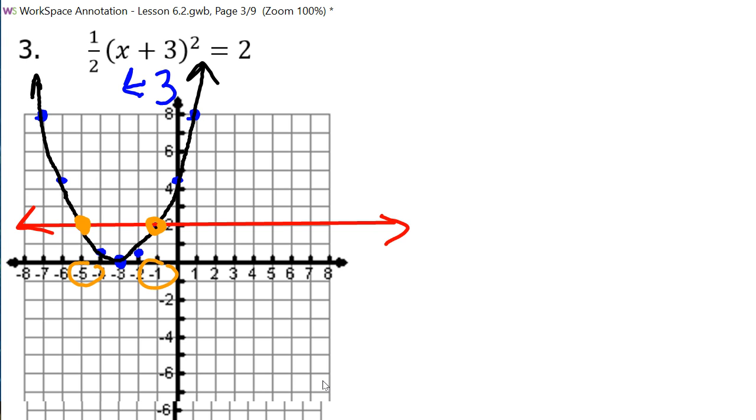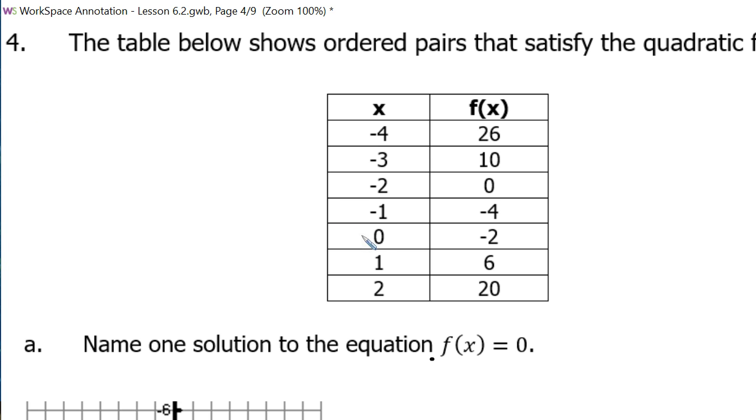Okay, number 4. It says the table below shows ordered pairs that satisfy the quadratic function f. Question A. Name one solution to the equation f of x equals 0. So they're telling us y is equal to 0. So if they are giving you y, you have to find x.